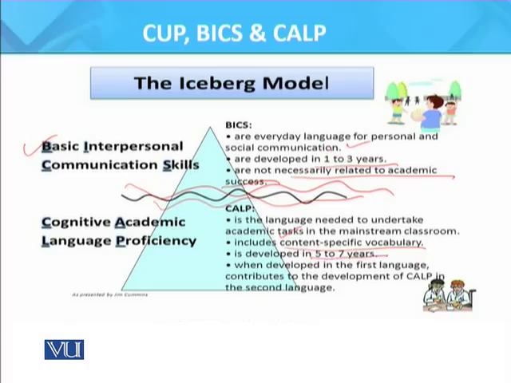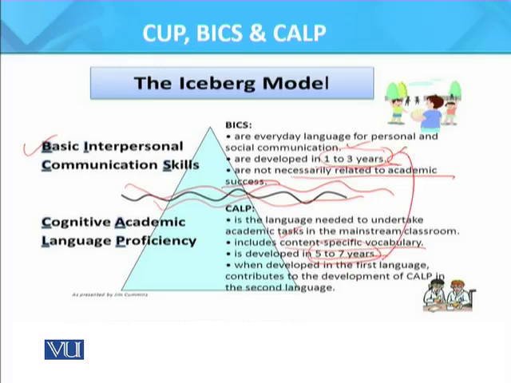Basic interpersonal communication develops in 1 to 3 years, but this requires highly sophisticated communication based on cognition and based on cognitive academic proficiency. Therefore, this period is longer than that period.